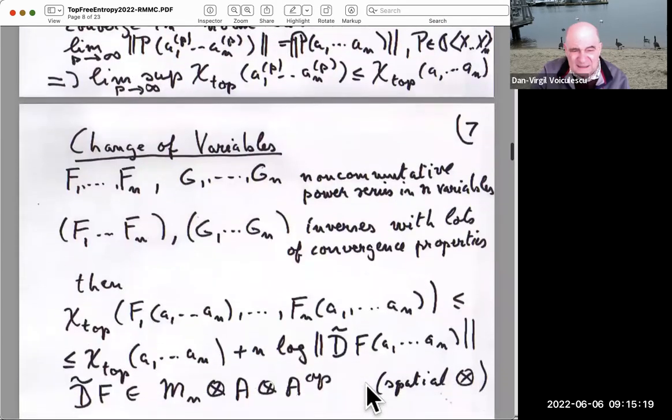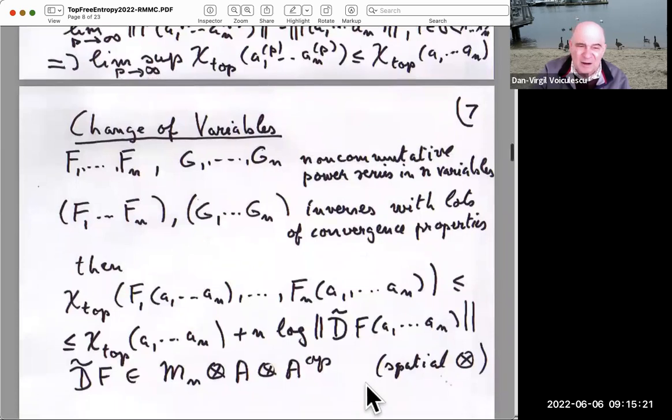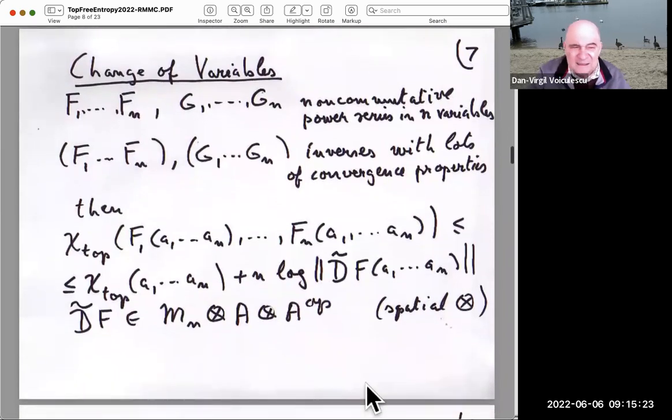Then there is a result about an inequality for the change of variable. Here, what one does is take A1, ..., An, elements in a C-star algebra A, and take functions of A1, ..., An.